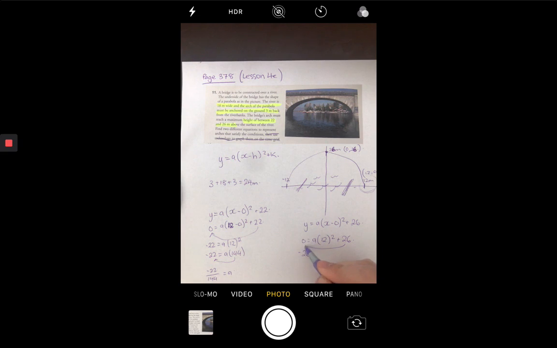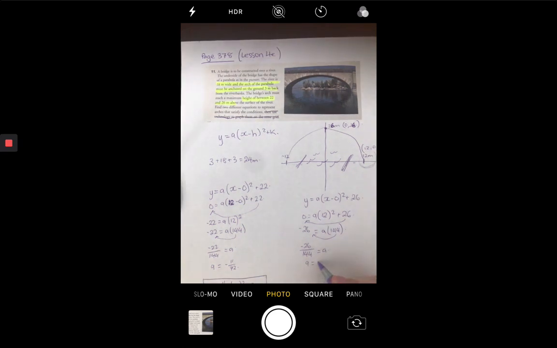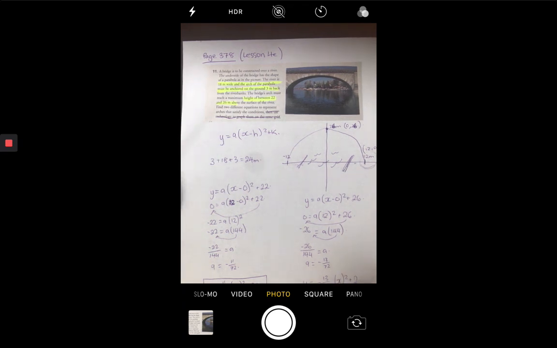Move the 26 to the other side, so I get negative 26 equals a. I can square my 12, which is 144. Again, move my 144 to the other side, so I get negative 26 over 144 equals a. I can simplify that again to negative 13 over 72. And my second equation then is going to be y equals negative 13 over 72 x squared plus 26.